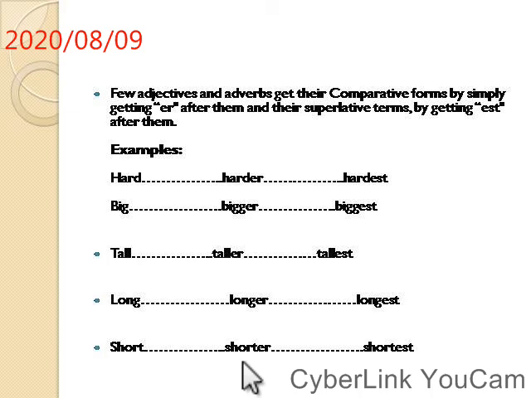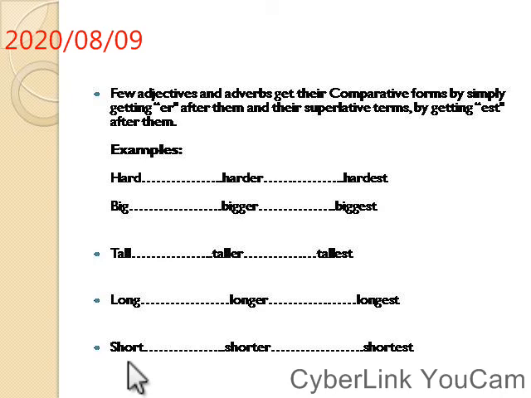What should be the comparative degree? Hyderabad is more beautiful than most other cities in India. Very few cities in India are as beautiful as Hyderabad.